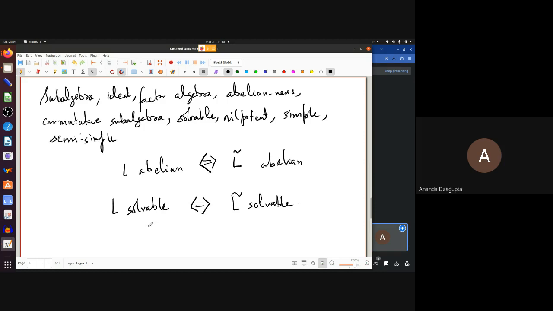If L is solvable, L tilde is solvable, and vice versa. Funnily enough, L being simple does not imply that L tilde is also simple. So, think of this. Solvability is actually very easy to figure out. The issue with simplicity is that you can have a situation where L is simple, but L tilde is not simple. That takes a bit of thought, but you should be able to figure this out. It's not very difficult to do.